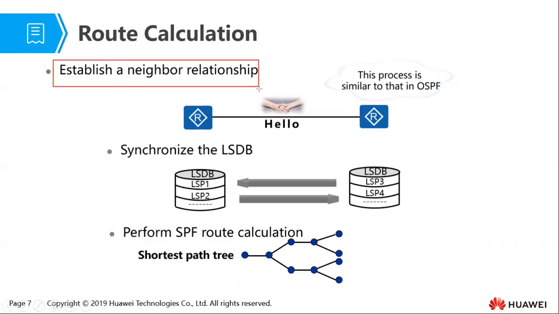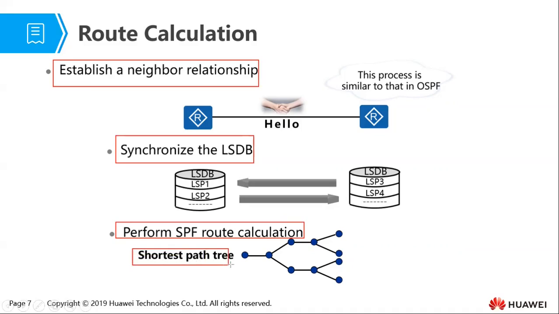The very first step is establishment of a neighbor relationship. Then you exchange networks you're aware of, so you synchronize your LSDBs and have the same thing. Then after that, everyone calculates their own SPF, performs SPF route calculation. And that involves creating the shortest path tree.